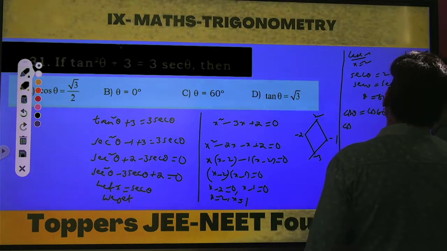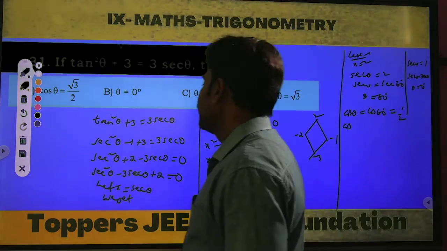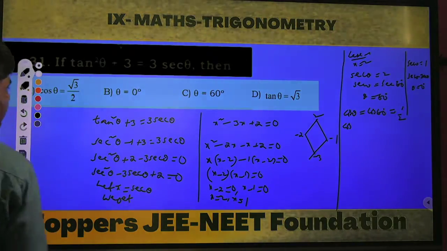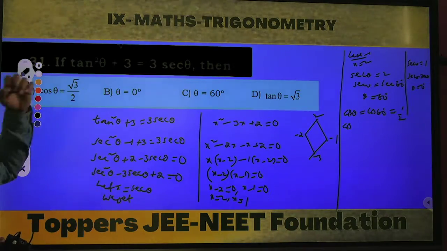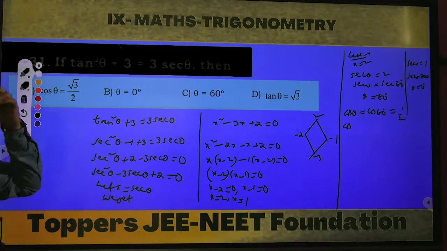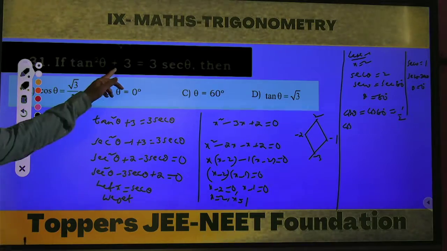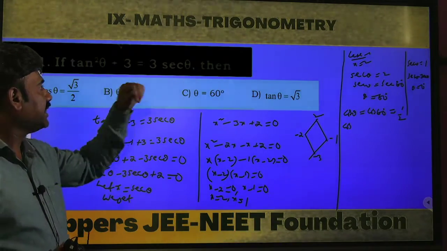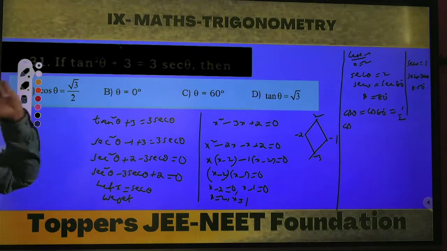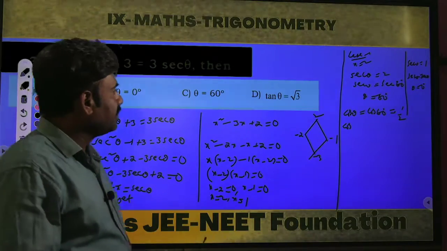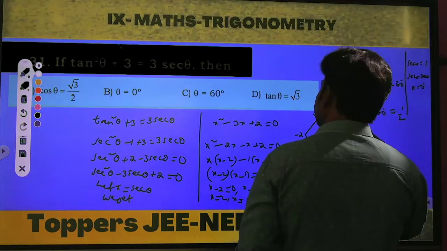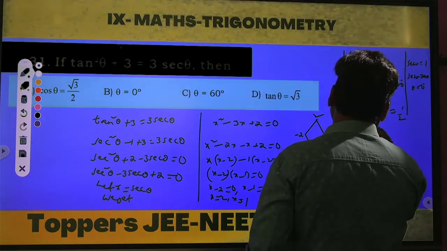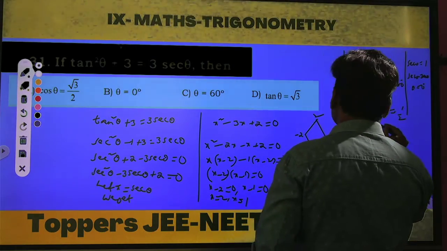Theta here is 0 degrees, but let us check whether theta is equal to 0 degrees is correct or not in the given equation. Tan square 0 degrees, tan 0 degrees value is 0, 0 plus 3, 3 secant theta, secant 0 is 1, 3 into 1, 3, okay, right. So option B also correct, theta is equal to 0 degrees.